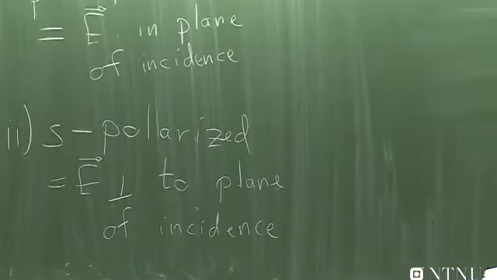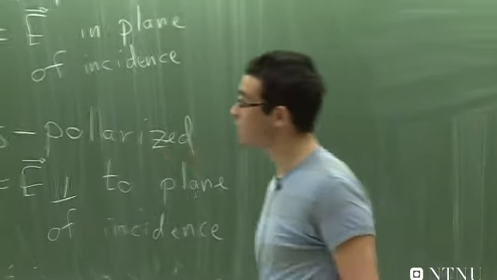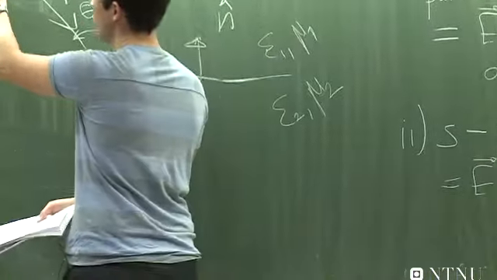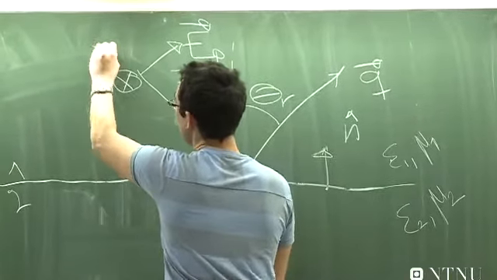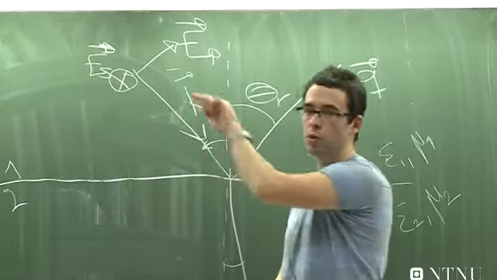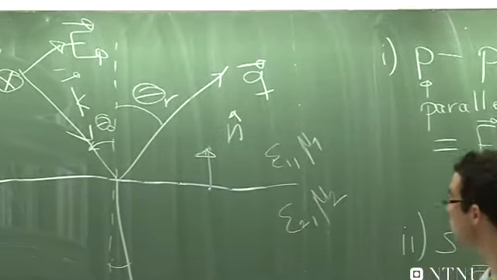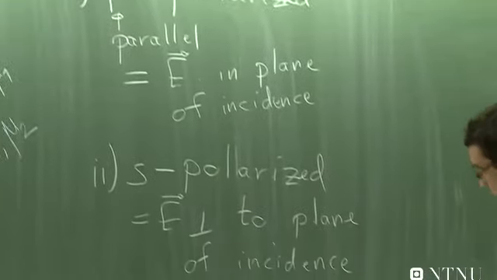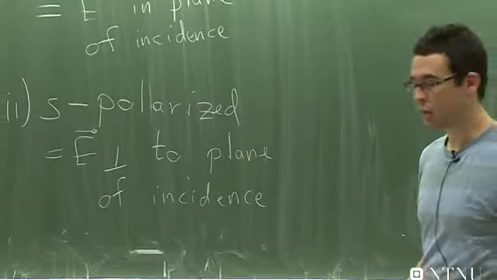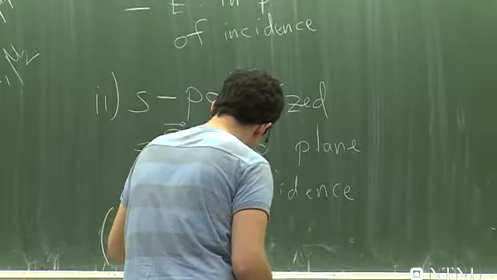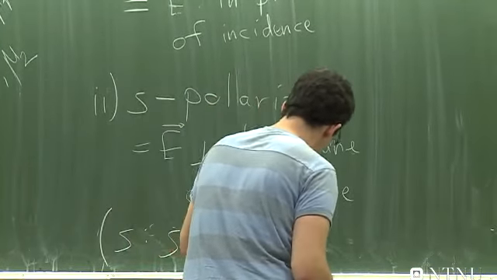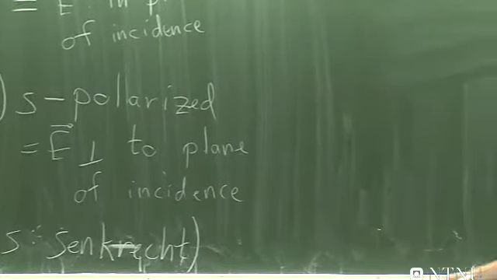Okay, and if I just draw them on the same figure, it would just point into or out of the board, depending on the phase, of course. Okay, and the S here comes from the German word senkrecht, which means perpendicular, meaning that the electric field is perpendicular to the plane of incidence.